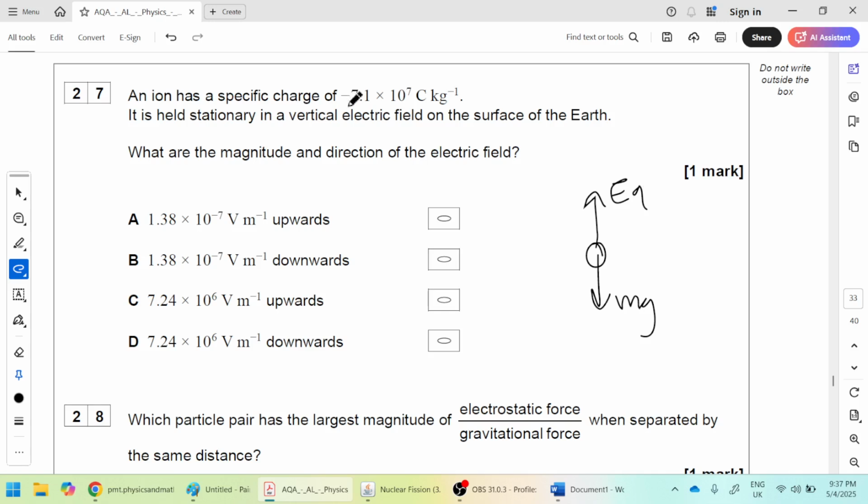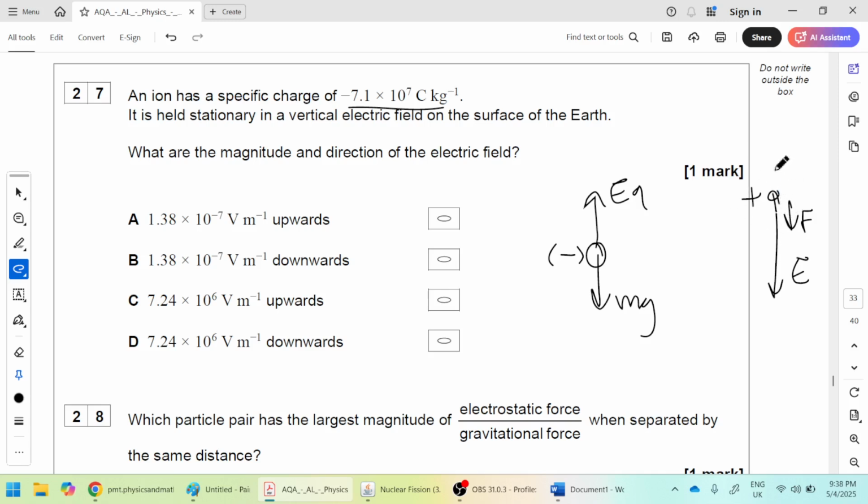Since the specific charge is negative, that tells me that the charge on this is negative. We know that if there's some electric field E and you put a positive Q, the force will be in this direction. The electric field shows the direction of force on a positive charge.